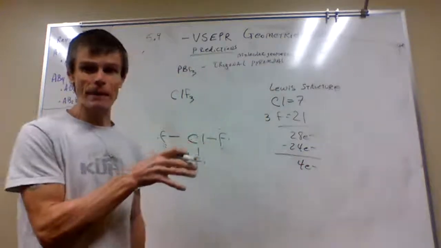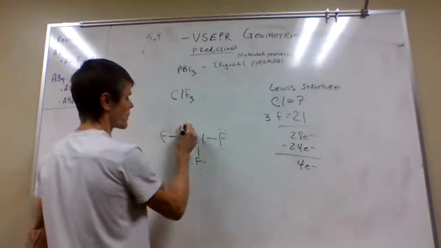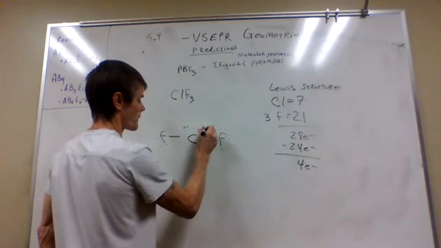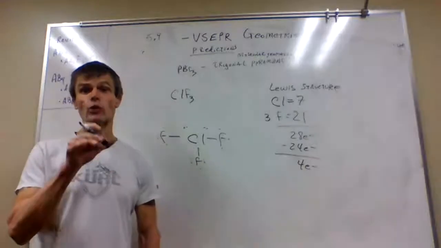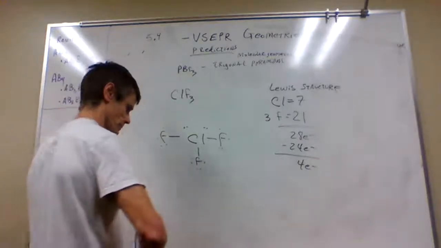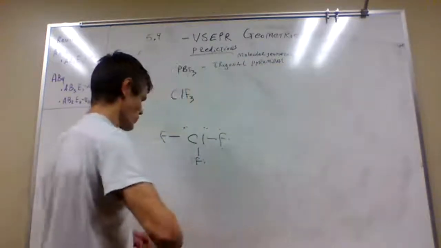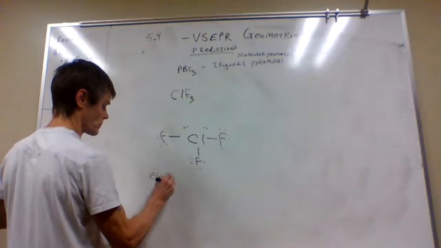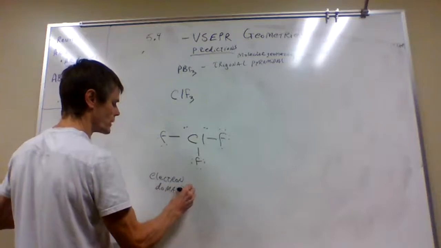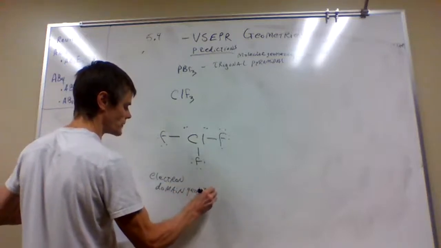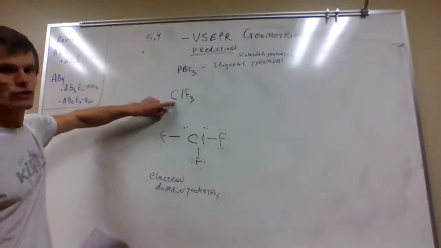Four electrons remain, and those 4 electrons are going to be given to the central chlorine atom. First question, what's the electron domain geometry? That is really big in understanding the difference in the geometry between phosphorus tribromide and chlorine trifluoride.